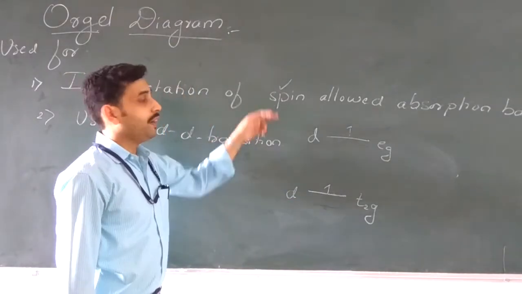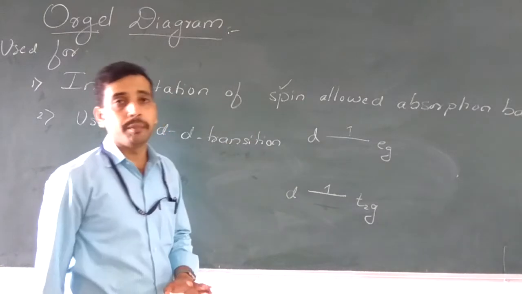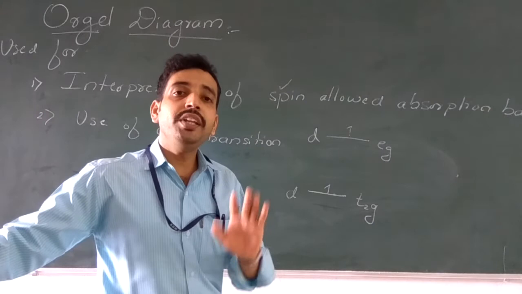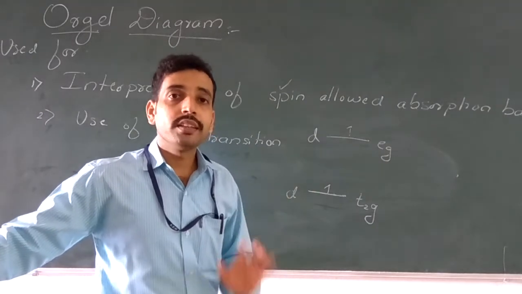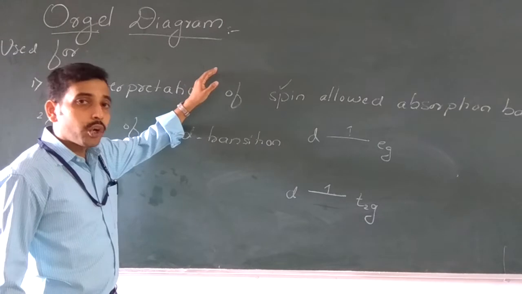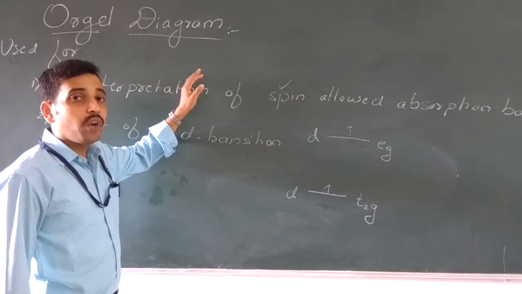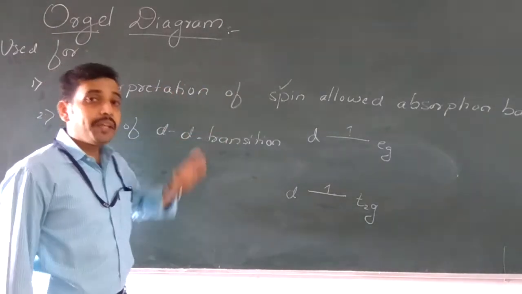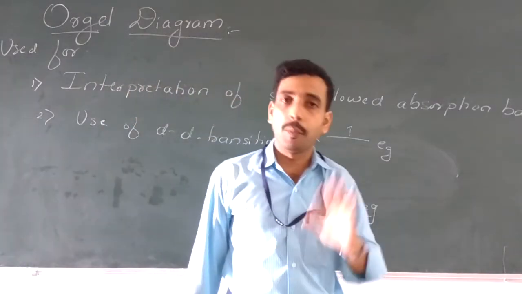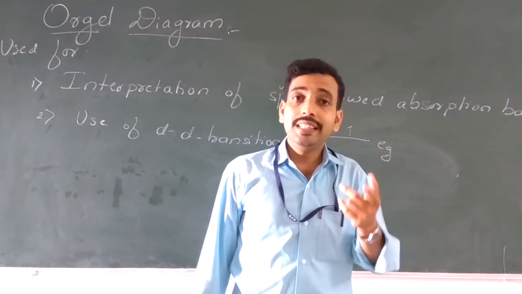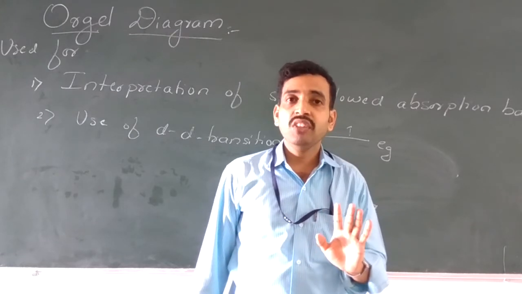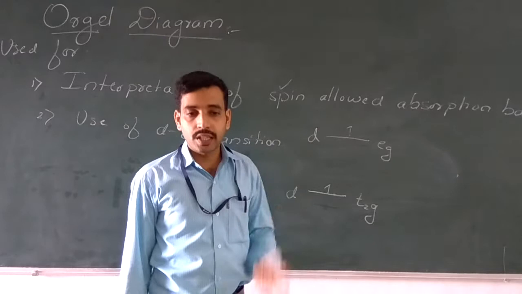The first point and the second point are almost the same, because all d-d transitions are spin allowed transitions. That's why, using the Orgel diagram, we can interpret the electronic spectra of the transition metal complexes. These complexes have spin allowed transitions, not spin forbidden transitions.